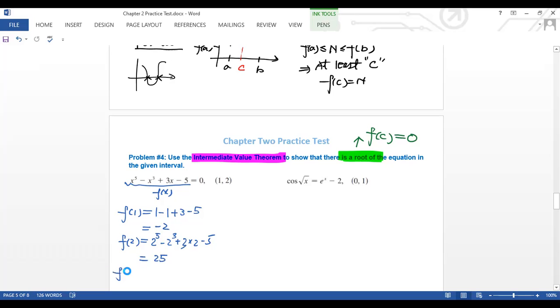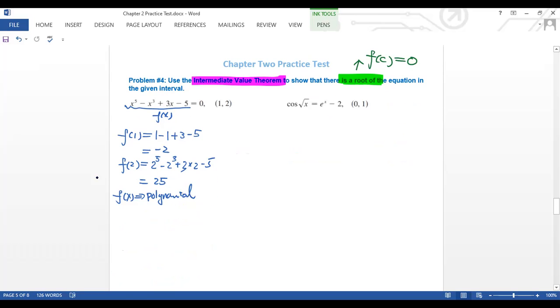F of x is a polynomial, and a polynomial is continuous. Because this is a polynomial, it's continuous. So I have the continuity condition, one is negative, one is positive. So based on the intermediate value theorem, it applies, right?